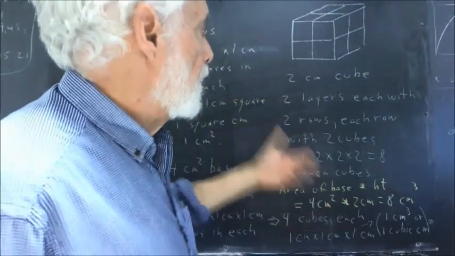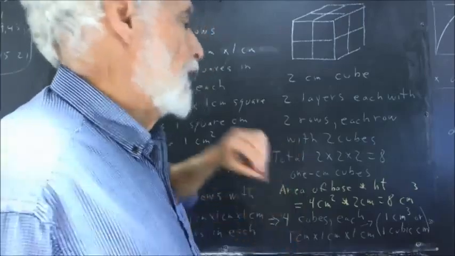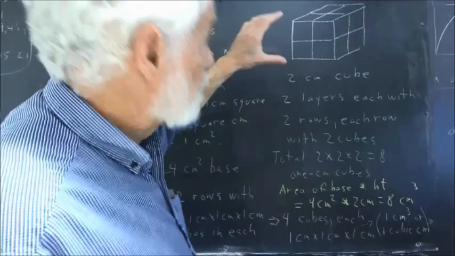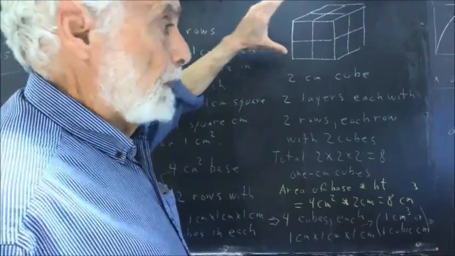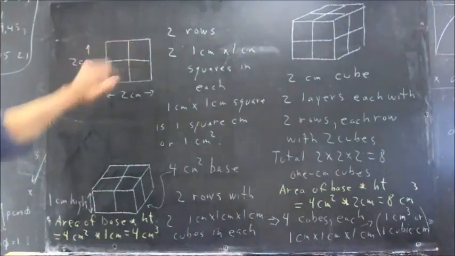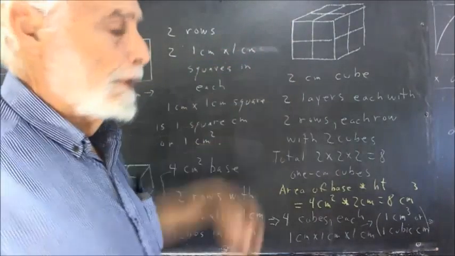And this reasoning of layers and rows and how many in a row allows us to see very tangibly why the volume is what it is and how the area of the base and the height give us the same result.